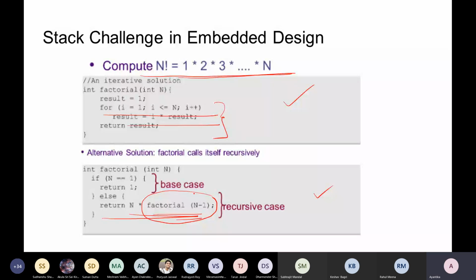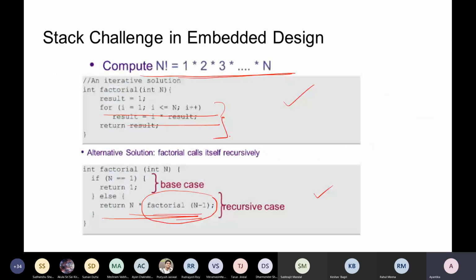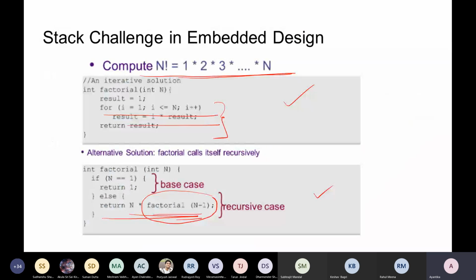That means for each call, we are allocating a frame in the total stack memory. That way, the number of frames in this recursive call is continuously growing, and for a certain limited value of n, whatever memory you have in your embedded processor, that is fine.